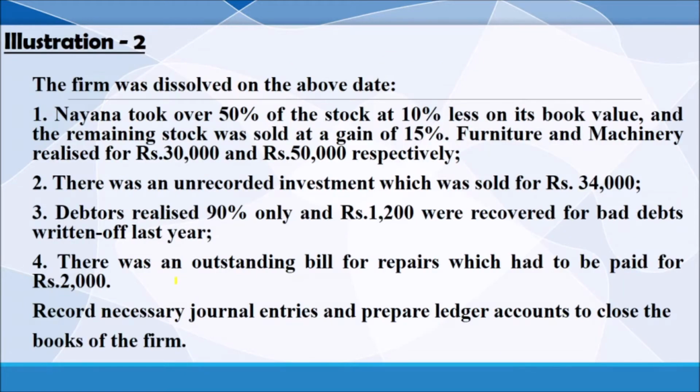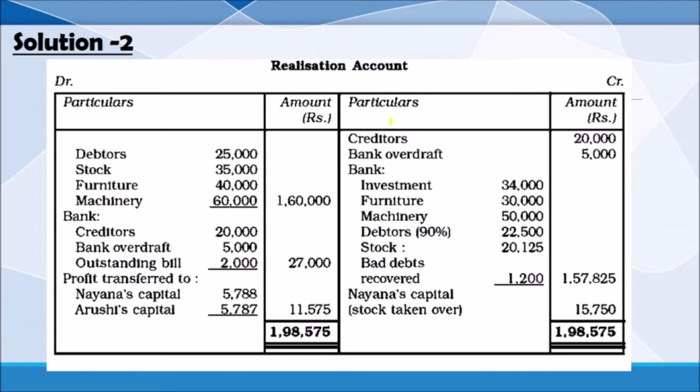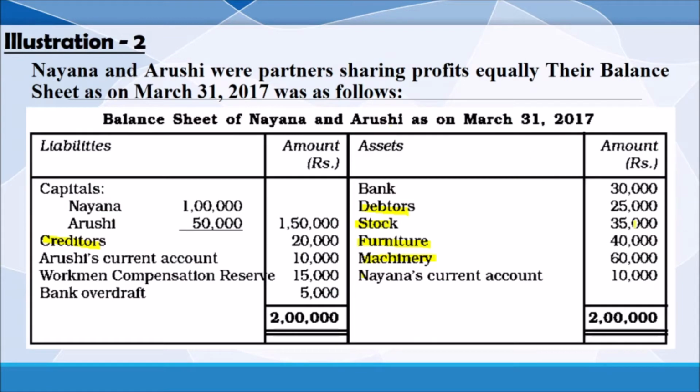Look at the additional information. Naina took over 50 percentage of the stock at 10 percentage less. 50 percentage of the stock means 35,000 is the stock value.